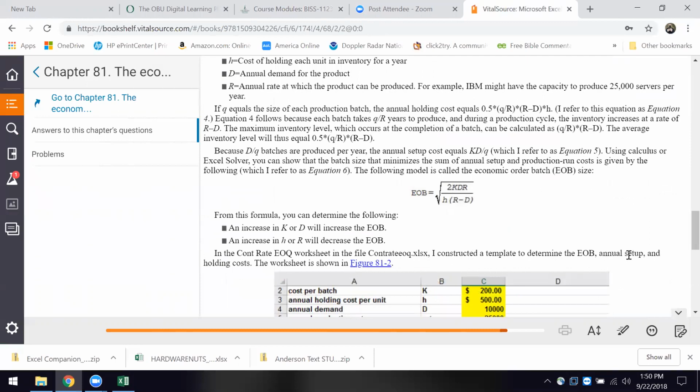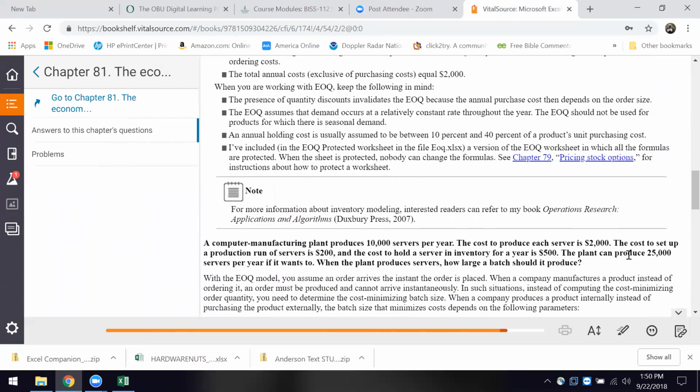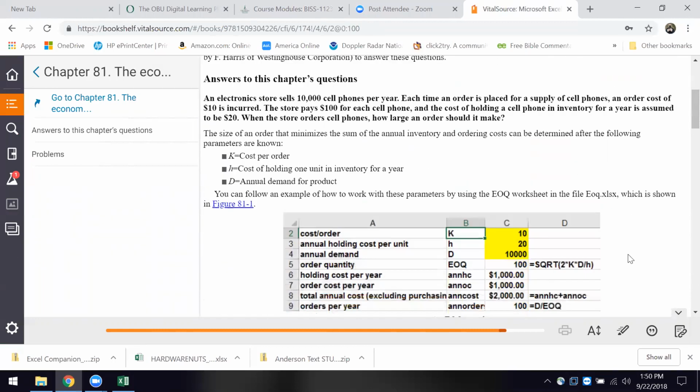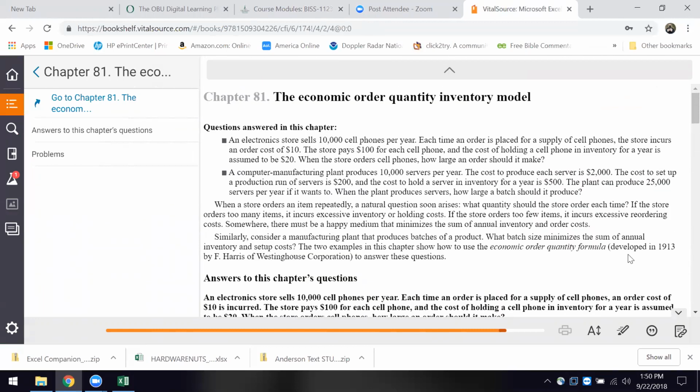And the question that's posed is up here, and we'll pop back up. The computer company produces 10,000 servers per year. They give us the cost to produce each server. When the plant produces servers, how large a batch should it produce?